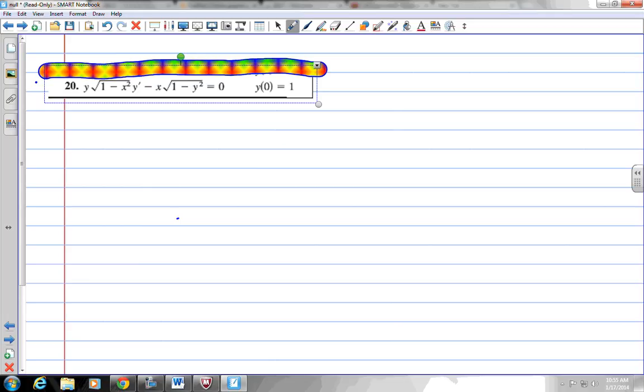Let's focus on the radicals. So, okay, it's a big mess. Well, let's try if we can flip it all around. So I'm going to write y times the square root of 1 minus x squared as dy over dx, and I'm going to kick the other side, that second expression, to the other side: x times the square root of 1 minus y squared.